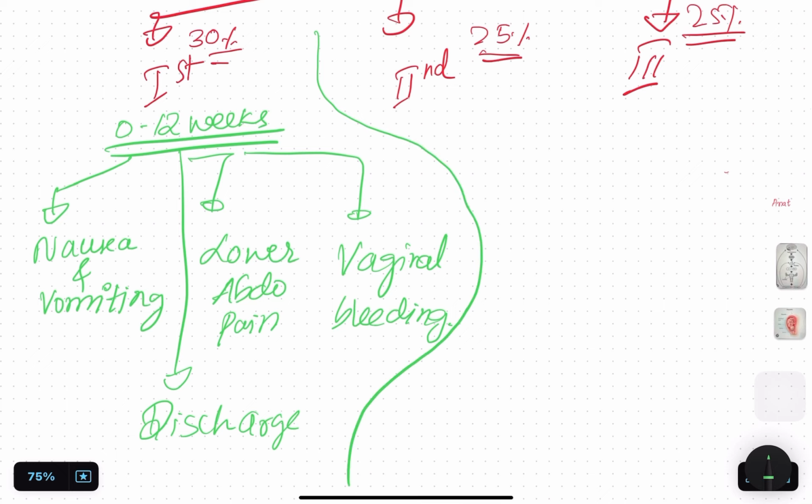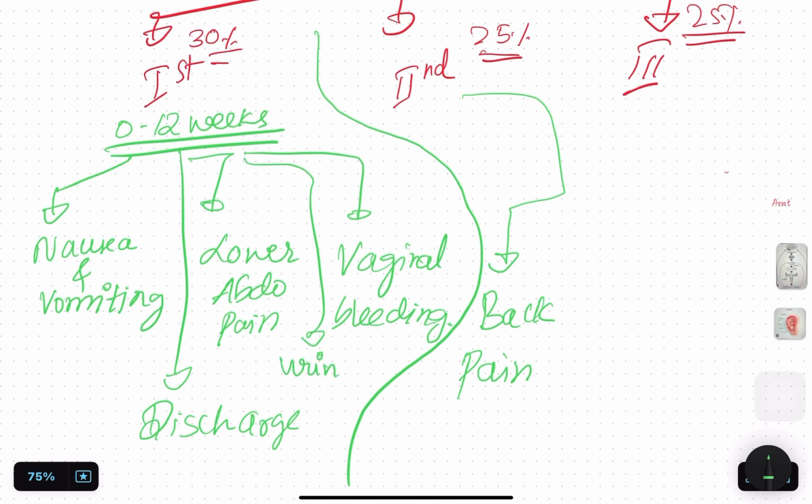Okay, now coming to second trimester, the major complaints which you are going to encounter are again back pain, which is more important because the fetus is growing. And you can also mostly see urinary disturbance symptoms, because the uterus is pressing or irritating the urinary bladder.